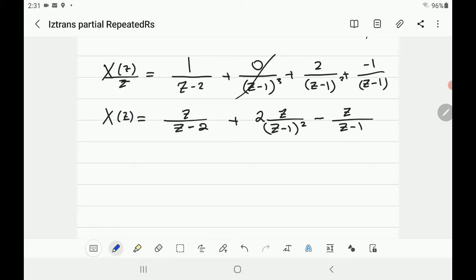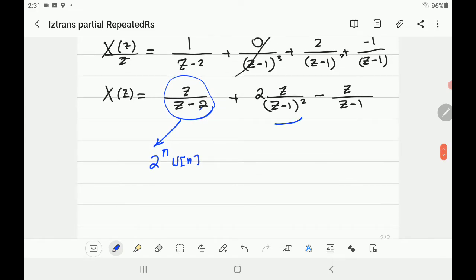How do you do that? Go to the table. The table shows you the equivalent. This one we know we're going to use all the time. That's the constant: z over z minus a is a to the power n, so that will be 2 to the power n u(n), the step. Let's look for this one from the table: it is n u(n). This is the ramp, and you have the constant 2.